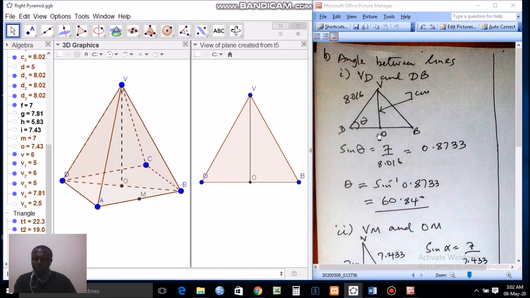Now, we want angle theta, and we pick the right angle triangle VOD. So sine theta is 7 over 8.016, and that is 0.8733. So theta is the sine inverse of 0.8733, and the angle required is 60.84 from your calculator. Okay, it's fairly simple.